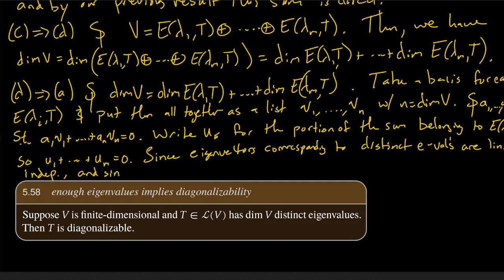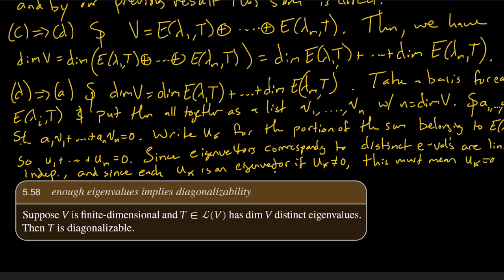And since each UK is an eigenvector, if UK is not equal to 0, this must mean UK equals 0 for K between 1 and M, right?